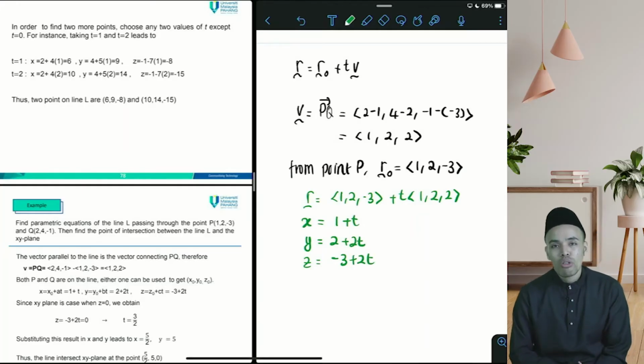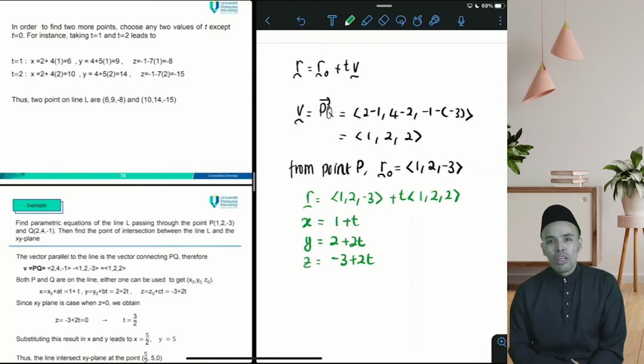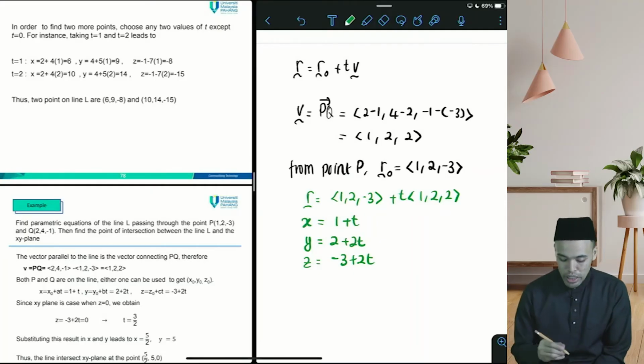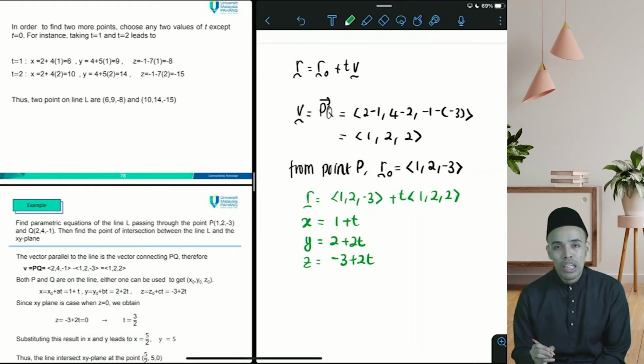So what should I do after this? The question also asks me to determine the point of intersection between this line L and the xy plane. In a three-dimensional coordinate system, there are 3 coordinate planes: xy plane, xz plane, and yz plane. Based on our knowledge from the beginning of chapter 3, on the xy plane there is no variable z.